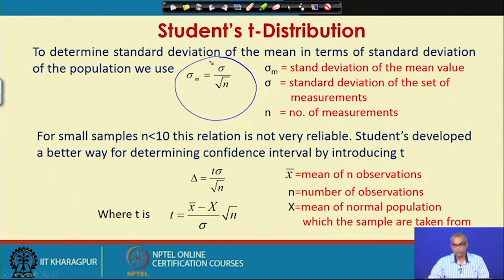So, the standard deviation of the mean in terms of the standard deviation of the population is sigma divided by square root of n. For small samples, n less than 30, this relation is not very reliable. So, Student developed a better way of determining the confidence interval by introducing something called t, which is defined as this.